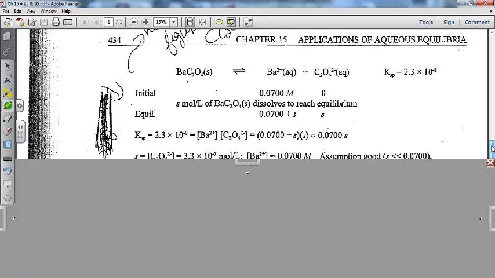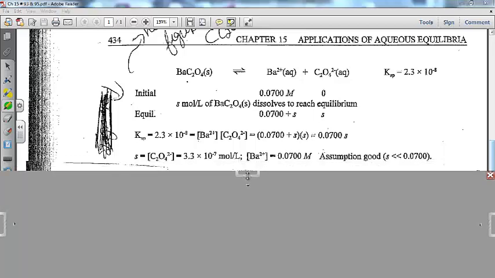And I guess the reason they use S, you can use X, you don't have to change it. We're talking about solubility, so that's why we sometimes will change it to the S value. Okay, so we solve for it. We get our S value equal to 3.3 times 10 to the negative 7th. Now, if you look at barium, if you add that to 0.0700, it doesn't change it.